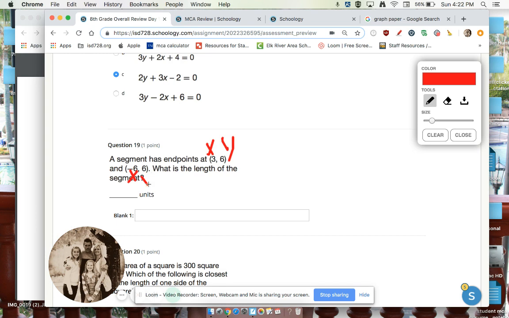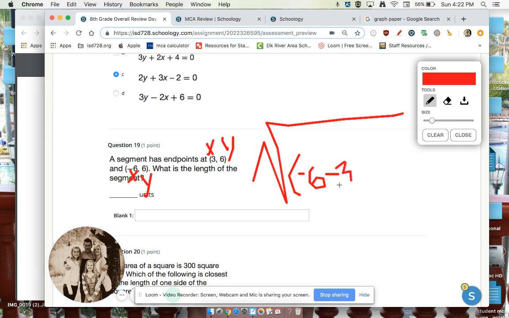Now I'm just going to plug into this very lovely formula. Parenthesis, you have to use a parenthesis, my second x, -6, take away my first x, 3, parenthesis, square it, plus my second y, 6, take away my first y, 6, parenthesis, square it.